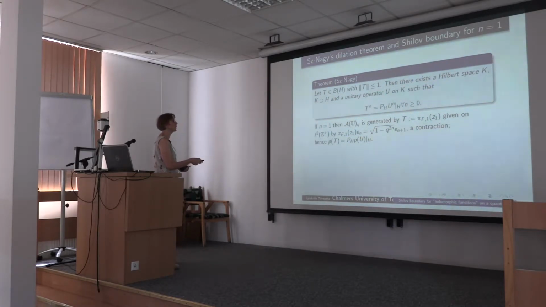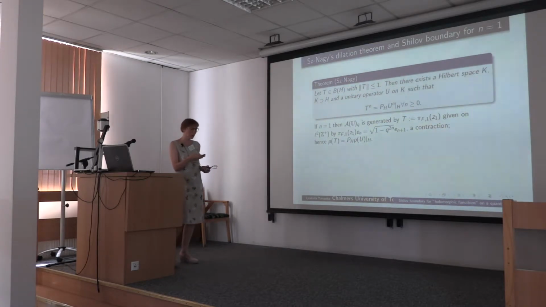So if n is equal to 1, this is my reduction step. This algebra is generated by this operator T, which is the image of this unique generator of the algebra. And the image of this is given by this weighted shift, and clearly this is a contraction, and therefore for any polynomial p, I can write p of T as a dilation of this same polynomial p on some unitary operator.